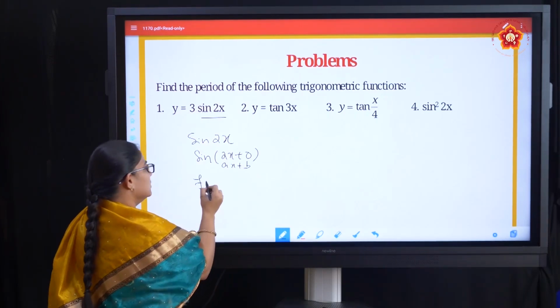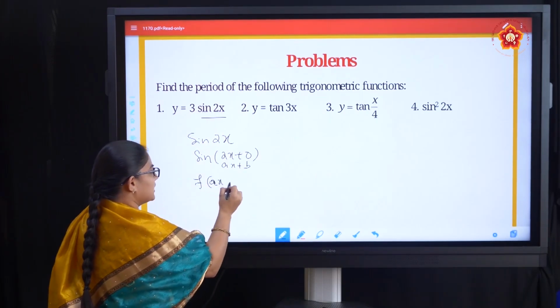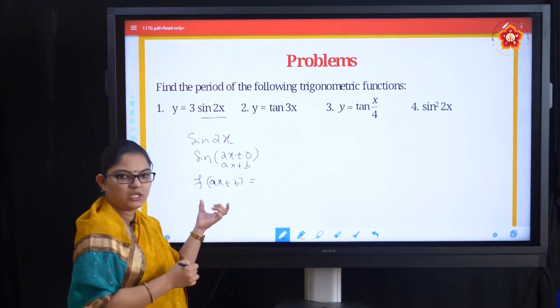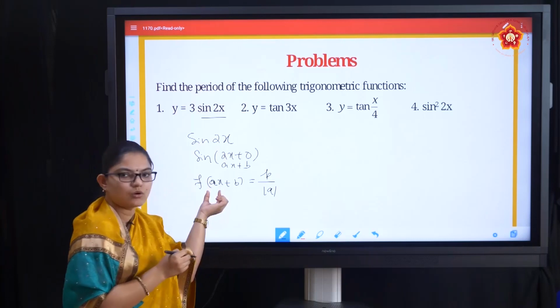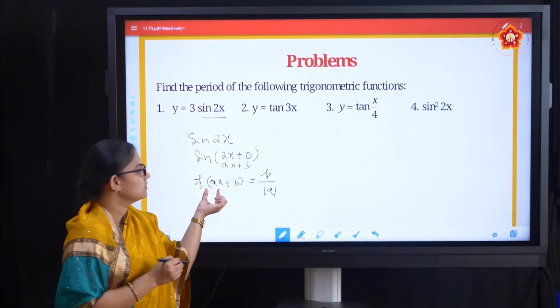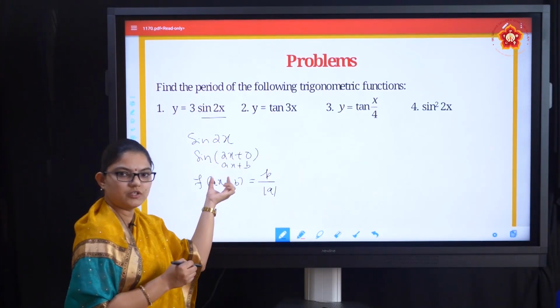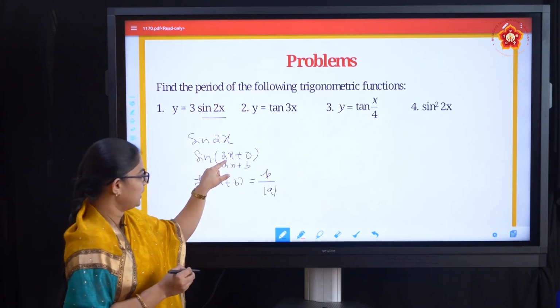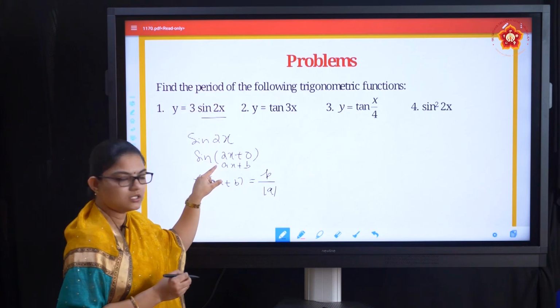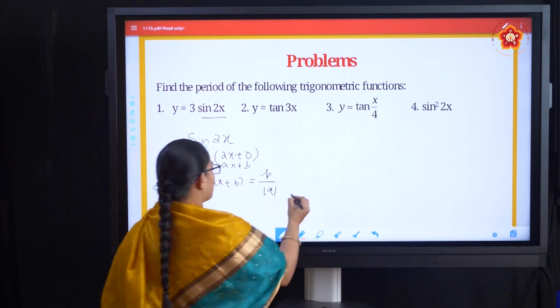Whenever you have a function of the form ax + b, its period will be p by mod a, where a is the coefficient of the variable x. So what is the coefficient of x? We have here 2, right? So we have to consider the modulus of 2.